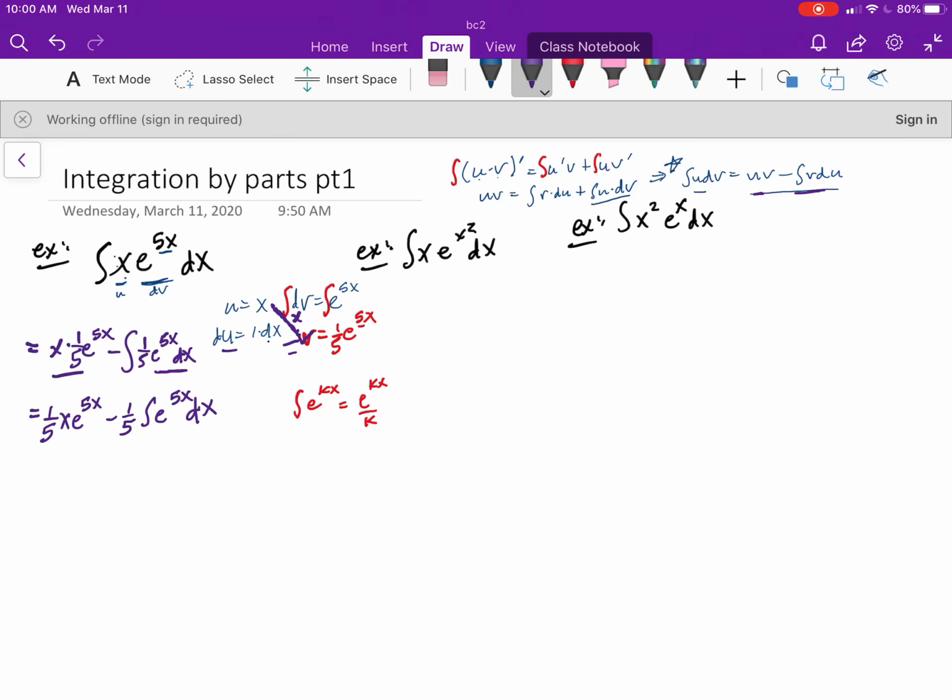You'll do dv, you have to do its integral anyways, and then you get the same result. So the integral of e to the 5x is 1/5 e to the 5x, now plus c, because we didn't do a definite integral, and we still have this minus 1/5, and we still have that front part.